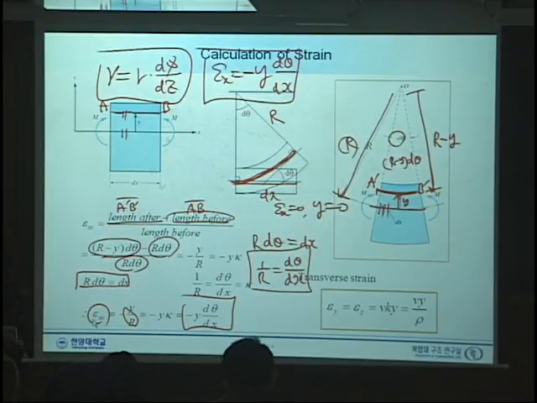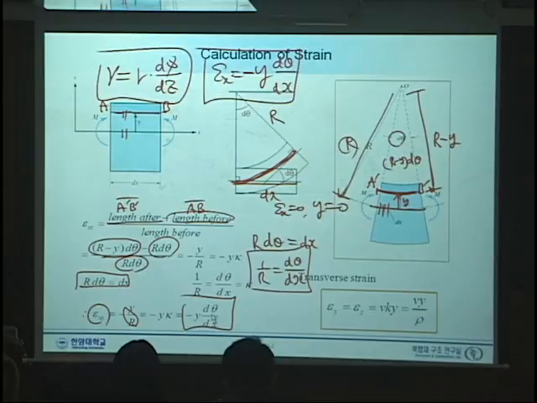So epsilon xx is defined as minus y d theta dx. Pay attention to this figure. What is d theta? D theta is this surface. Before deformation, it was vertical, and then when it deforms, it rotates. That's the theta.